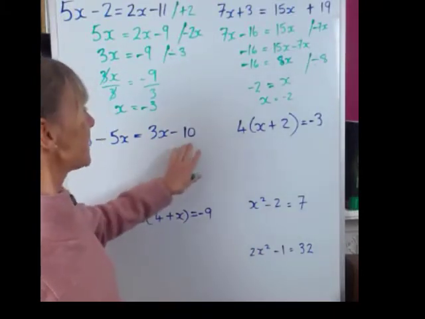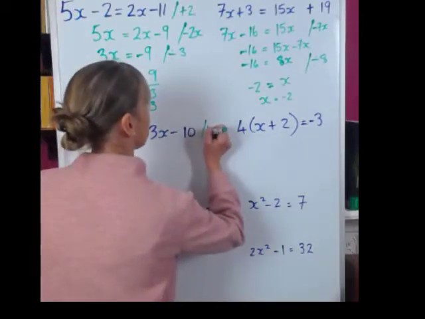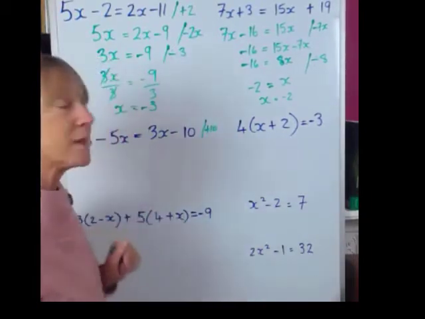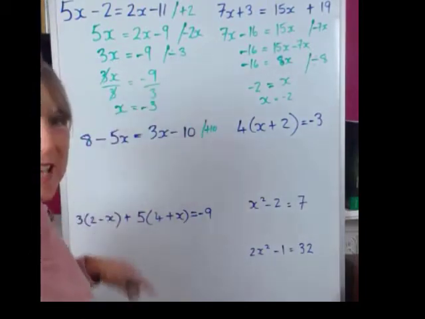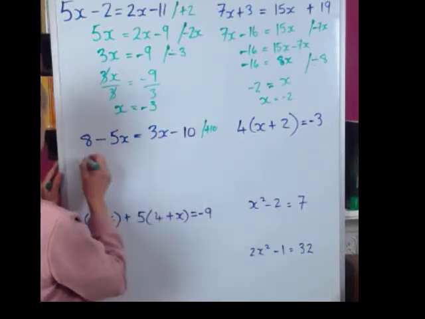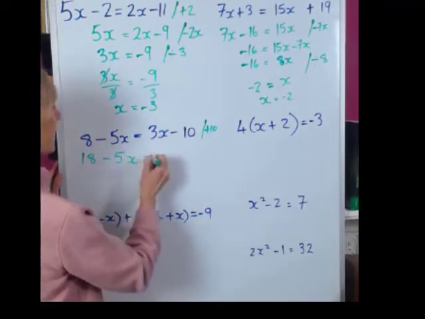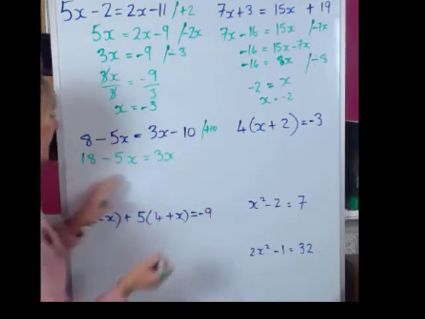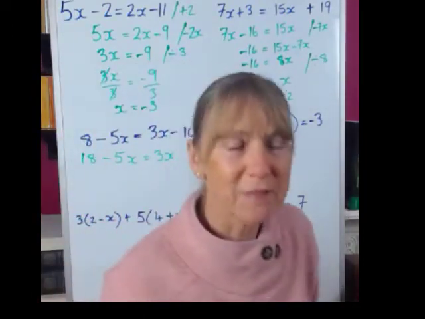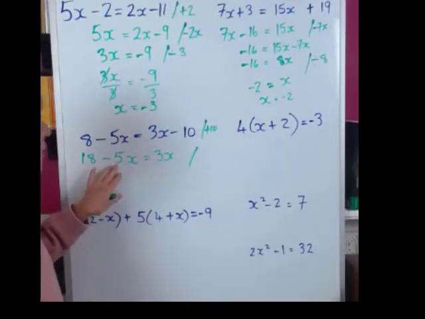That means we want to get the 10 to the other side. So what are we going to do? We're going to add 10, which is the same thing as moving the 10 and making it positive. So adding 10 to both sides, we've got 18 minus 5x equals 3x. And now we want to bring the minus 5x over to the other side. And how do we move the minus 5x?